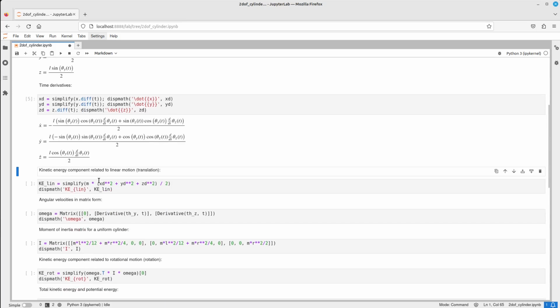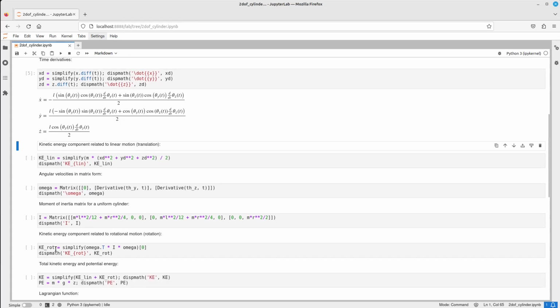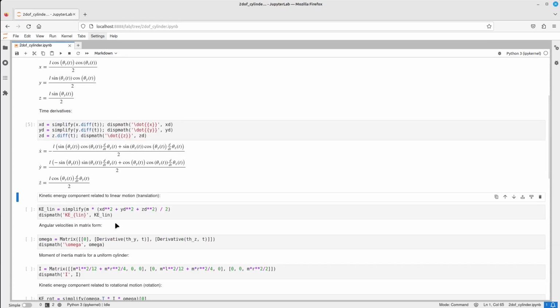And now it's time to compute the kinetic energy component related to linear motion, translation, because basically we can split the total kinetic energy into the translational component or linear component, as well as the rotational component related to rotation about its center of mass.